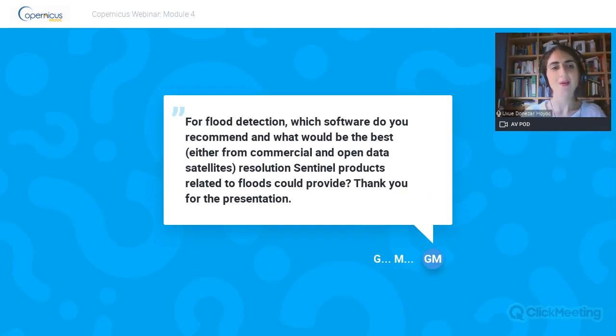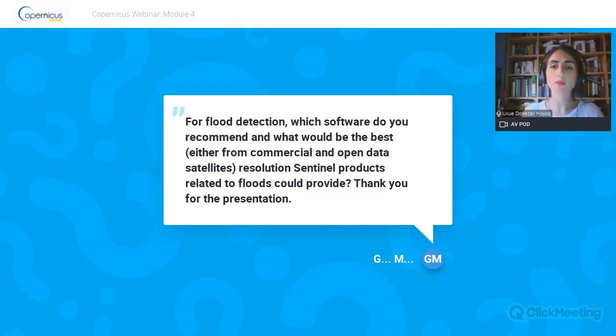Okay, for flood, we have mainly used SNAP, but this was done on purpose. You have to understand that we started to work with Sentinel-1 as soon as it was released. So in our first moments we wanted to test how far we could go with Sentinel-1 and with SNAP, which is free software.